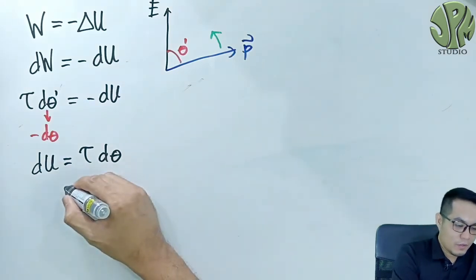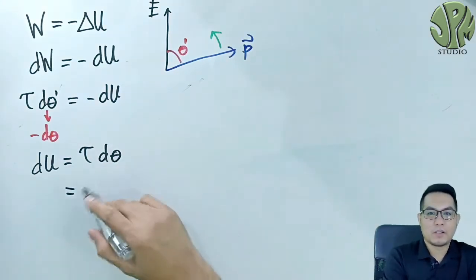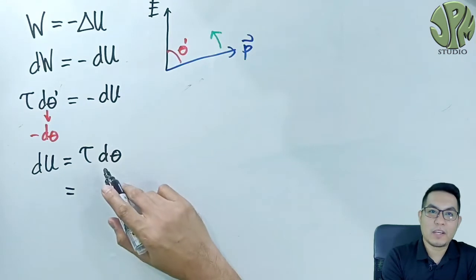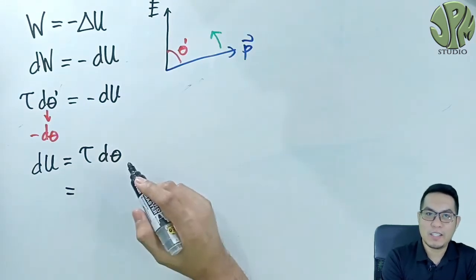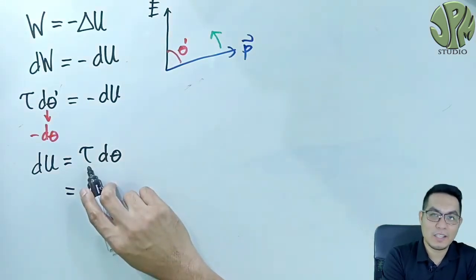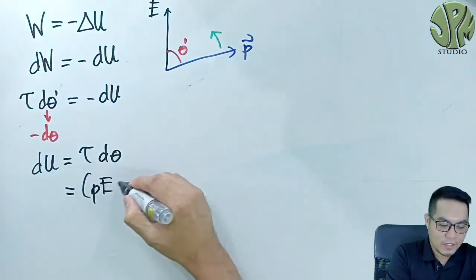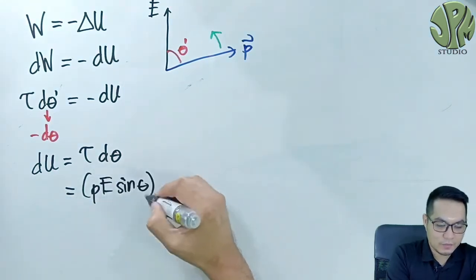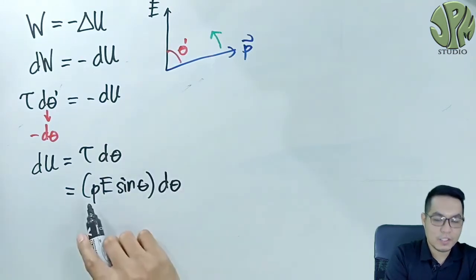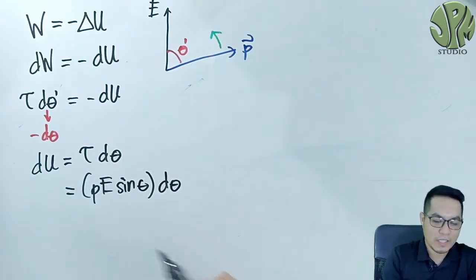So from our definition of torque earlier, torque is P cross E, and the magnitude of that is PE sine theta. So this is now the magnitude of torque, PE sine theta.